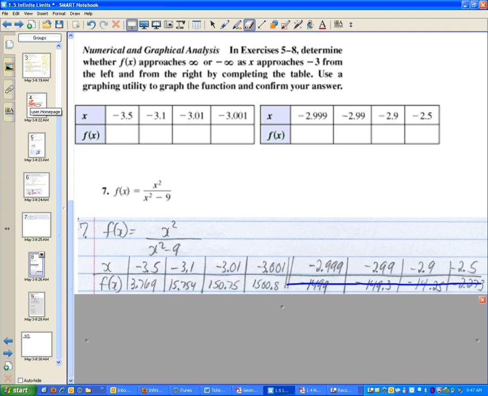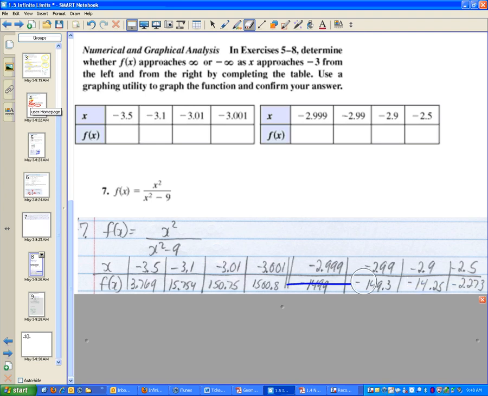And where does it appear to you our graph is heading as x approaches negative 3 from the left? Looks like infinity to me. I think that's getting large really quickly, isn't it? All right, and then see what happens as you approach negative 3 from the right.